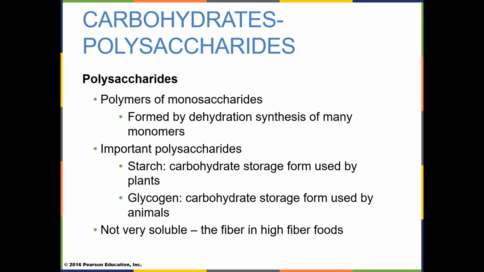And we can convert that starch into glucose and then use what we need, and then the rest of it goes into glycogen. Now, the polysaccharides are not easily dissolved. They're not soluble. A lot of the polysaccharides are not dissolvable, and they form fiber, like the skin of an apple.